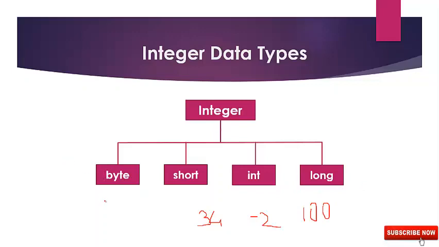The byte data type has a size of 8 bits, which means 1 byte.